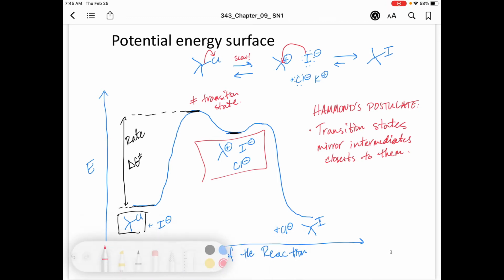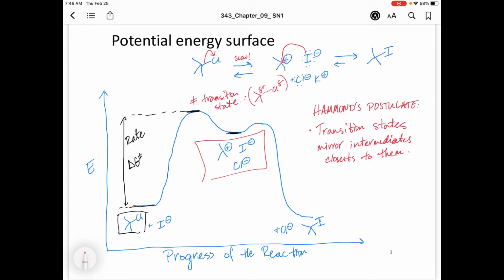So our transition state looks like the following. Partial positive on the carbon and a partial negative here. So here's our transition state that's looking closer to that carbocation. It's because the energy of this intermediate is closest to this transition state. So that gives us a clue about what the transition state looks like.